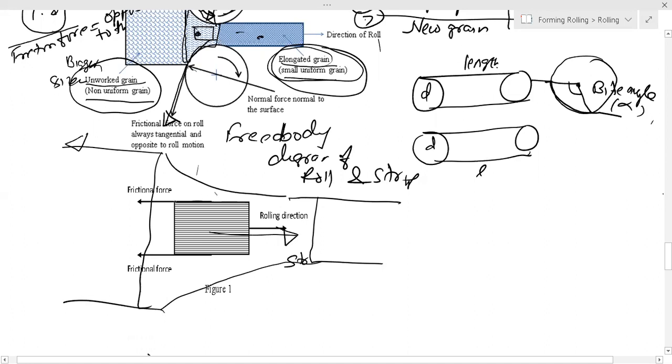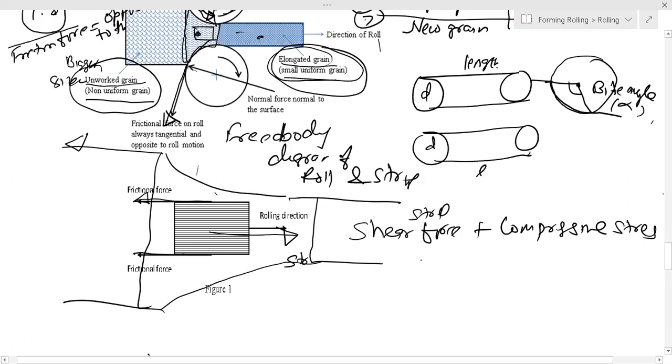And then there is a frictional force opposite to this. I have shown it here as shear force, and you have compressive force, compressive stress. So in rolling, both act: shear stress, that is friction force, and then the rolling pressure will act.